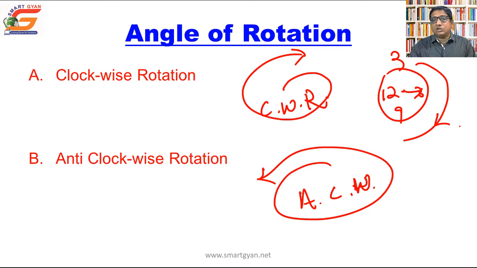So this we call clockwise rotation. If the movement is in opposite direction against the hands of clock, that is called anticlockwise rotation. Then degrees of angle or angle of rotation, maybe clockwise or anticlockwise, depending on the movement, will be either 45 degree, 90 degree, 135 degree, depending on the information of the question.